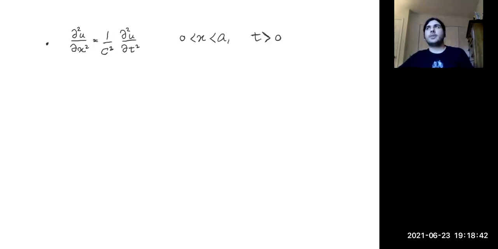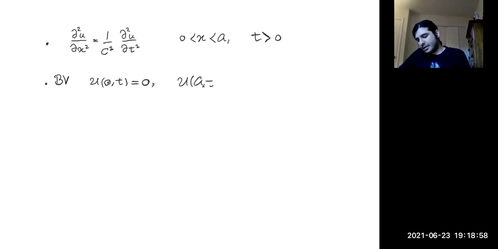We start at some time t equals 0. We have some boundary value conditions. U at the point 0 at any time t is given, it's 0. U at the other boundary a at any time t is also equal to 0. In other words, we have fixed these two endpoints of the string, and the string is vibrating there.